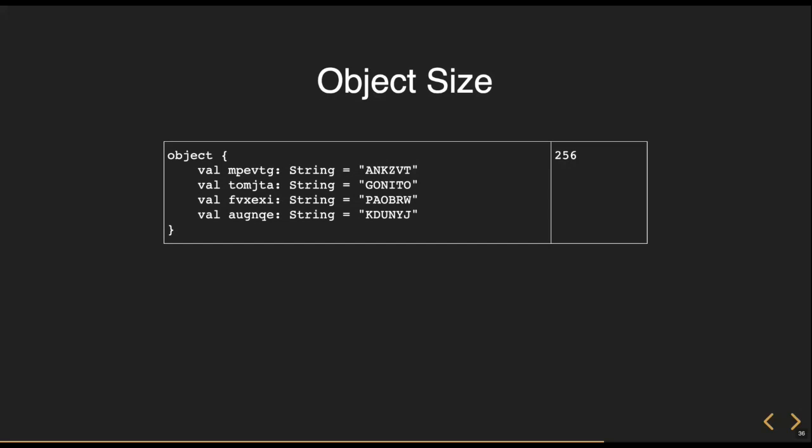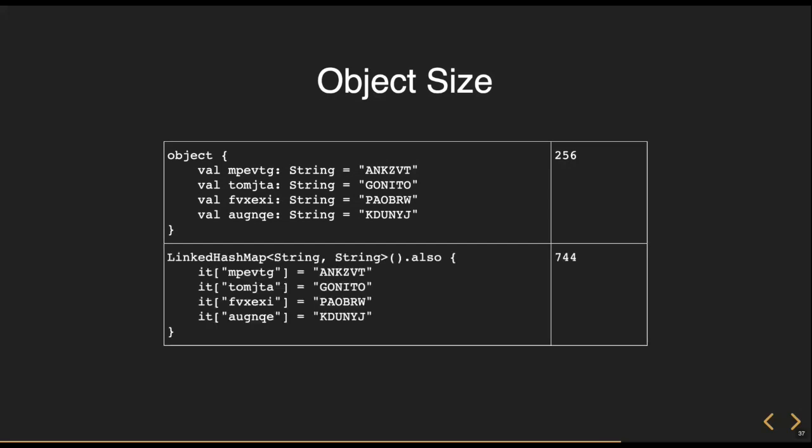The keys here are just randomly generated strings. And what if we were to just, rather than use an object, use a map, because we wanted to be able to mutate this and put whatever we want into it? So what are the size implications? Like I showed here, we just have these 4 reference fields within the object, and then the string values. So the total size is 256 bytes.